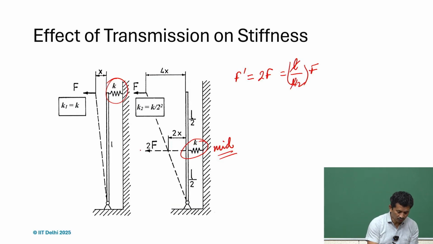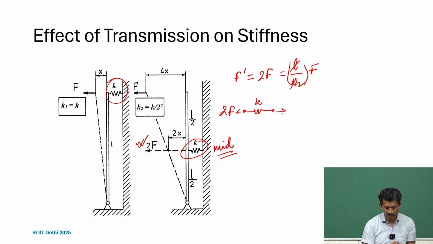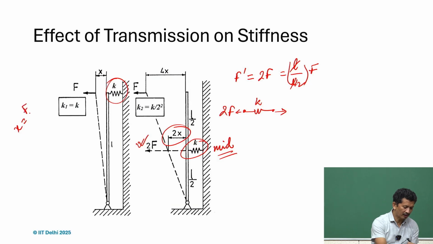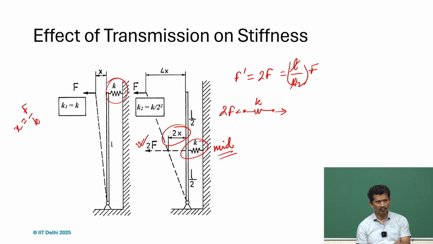But if we apply 2F here to the same spring k, what we realize is that the deflection here is 2x, 2 times, it's already increased. Earlier it was only x, where x is defined as F by k. Now, same k, now 2F is applied, so this will be 2x.